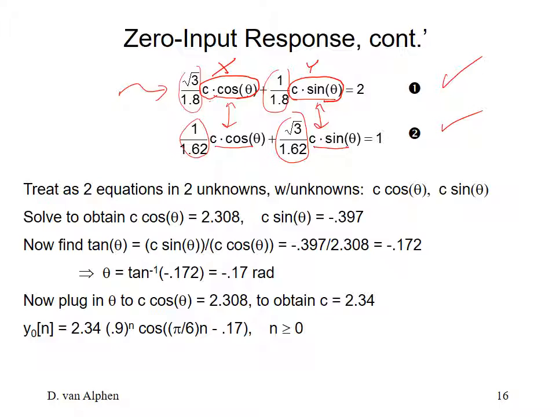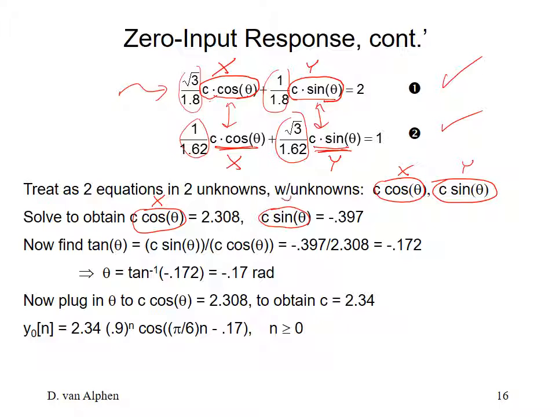So down here also, c cosine theta is x, c sine theta is y. So I'm going to treat that as two equations in the unknowns x and y.